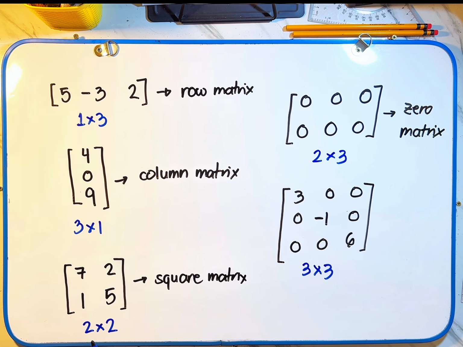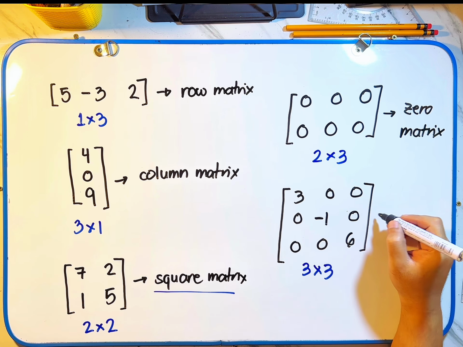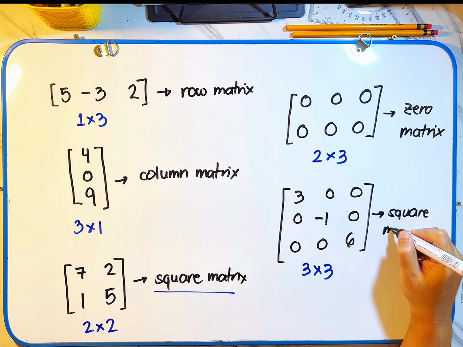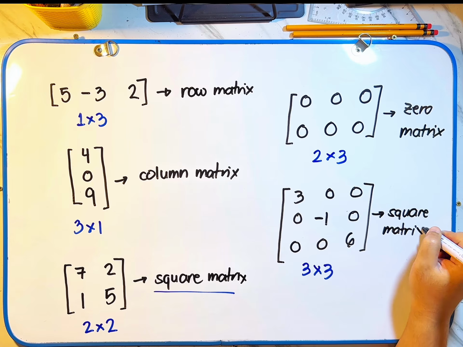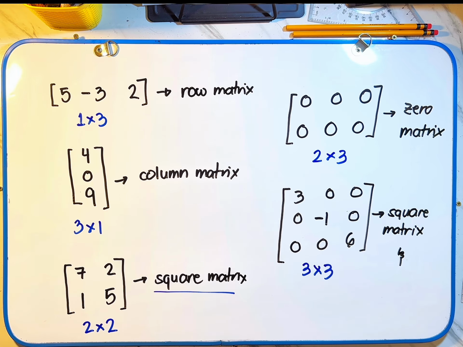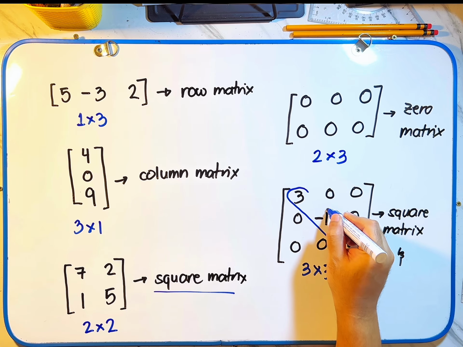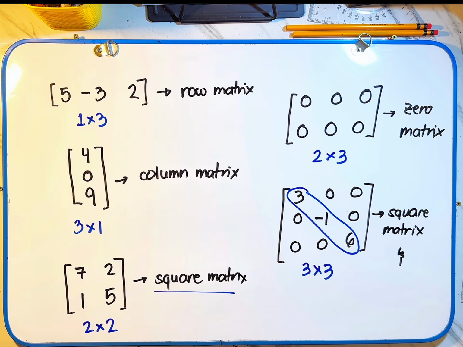And as we know, if the number of rows and columns are the same, they are called square matrix. So this is a square matrix. And there's another one. As we can see, only the diagonal part over here are not zeros. The rest are zeros. So this type of matrix is also called diagonal matrix.